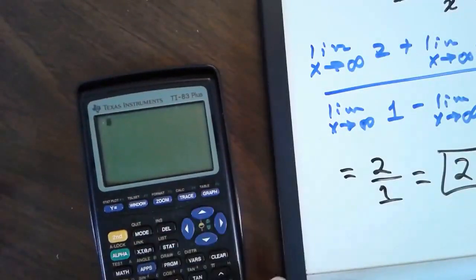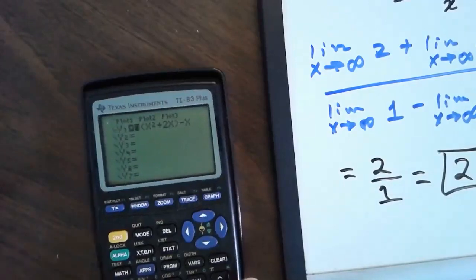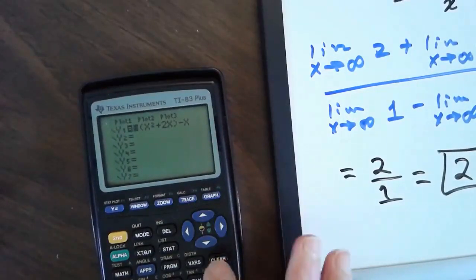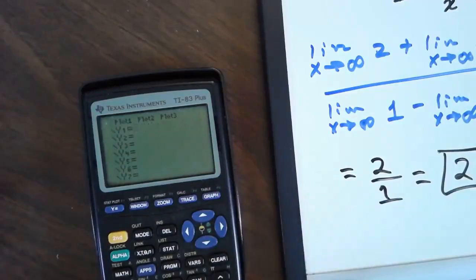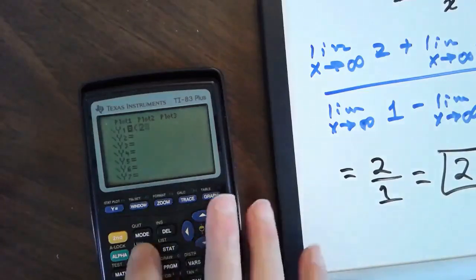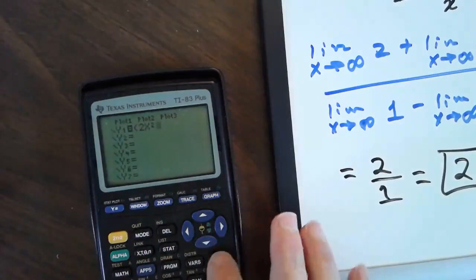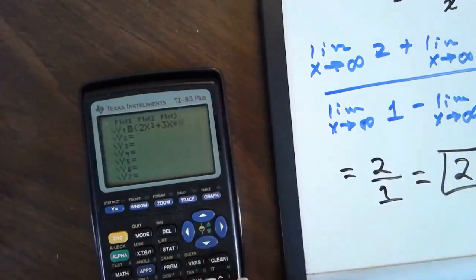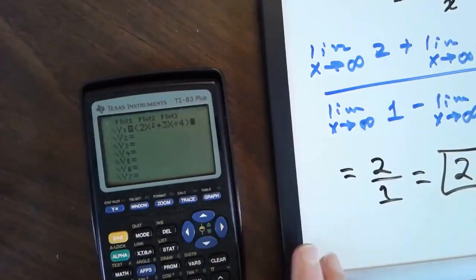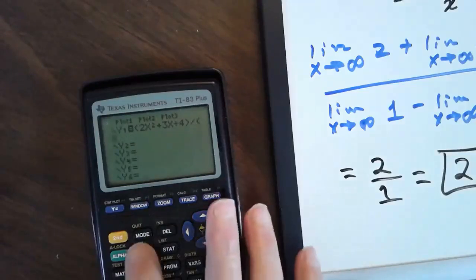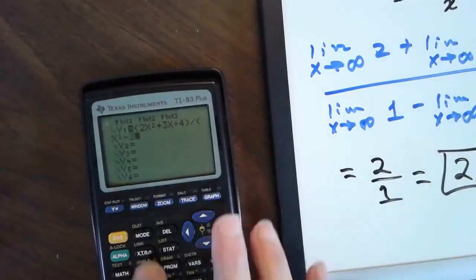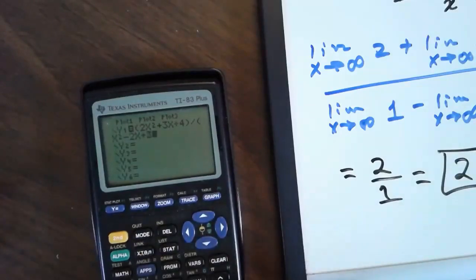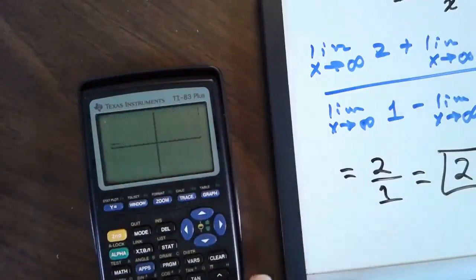So if we put in the calculator, let's clear that. We start with the original function: 2x squared plus 3x plus 4, close the parentheses, divided by, open it, x squared minus 2x plus 3, and close that parentheses, and go to graph.